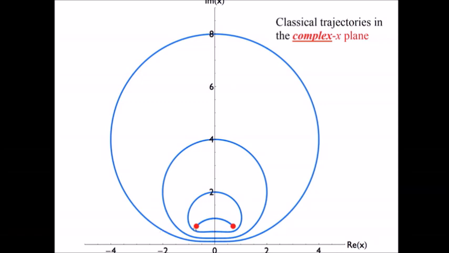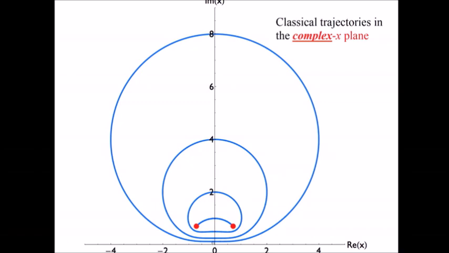So the amount of time to go back and forth like this is the same as the amount of time to go around like this, or like this, or like this. So what happens is the particle travels down the real axis in finite time. It then travels infinitely fast around to minus infinity over here and travels back to the origin.